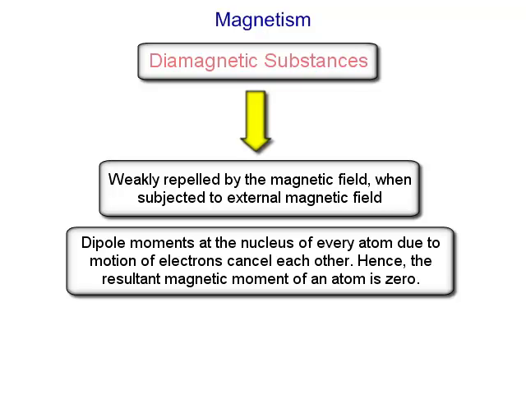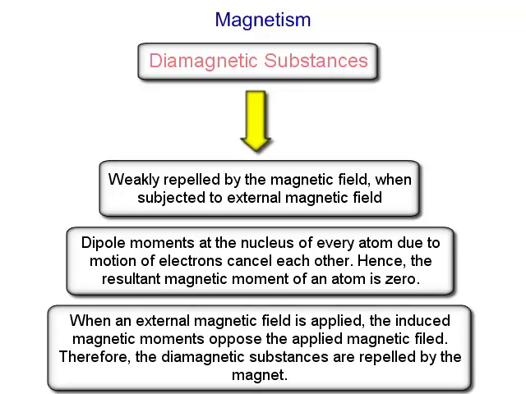For diamagnetic substances, the dipole moments at the nucleus of every atom due to motion of electrons cancel each other. Hence, the resultant magnetic moment of an atom is 0. When an external magnetic field is applied, the induced magnetic moments in the substance oppose the applied magnetic field. Therefore, the diamagnetic substances are repelled by the magnet.